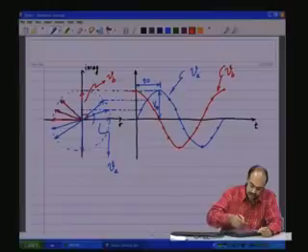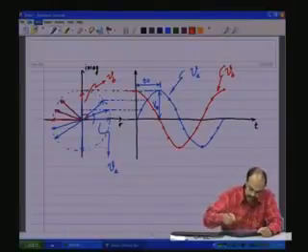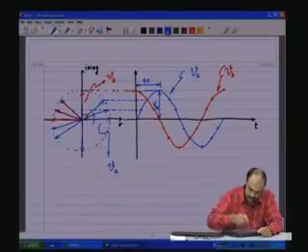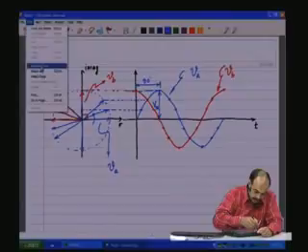Now, let me go to the next page, but before that let me select the wave pattern.